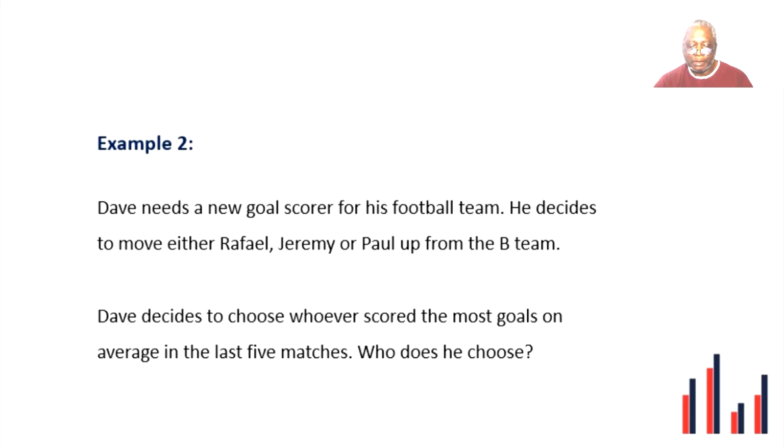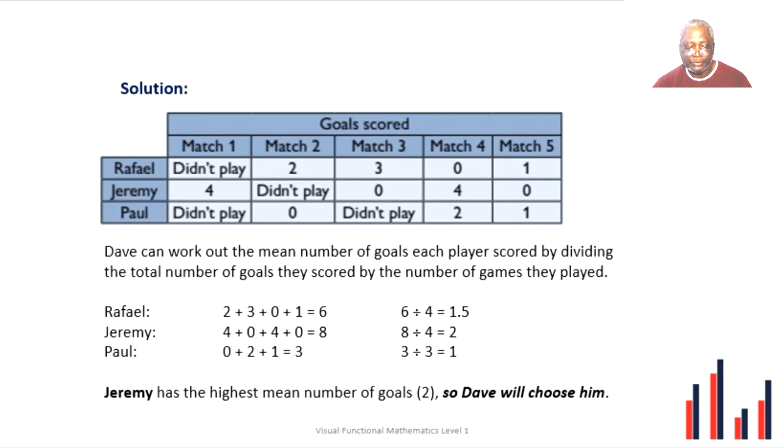He made a frequency table of all the games and the goals of the competitors, that is Raphael, Jeremy and Paul, over match 1, match 2, up to match 5, and listed the scores they got for each match. And at the bottom, you will see the results.